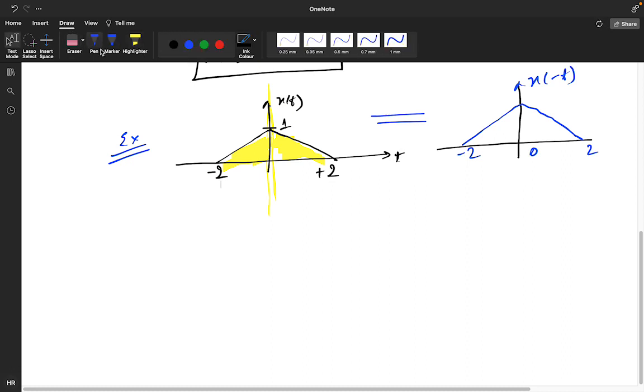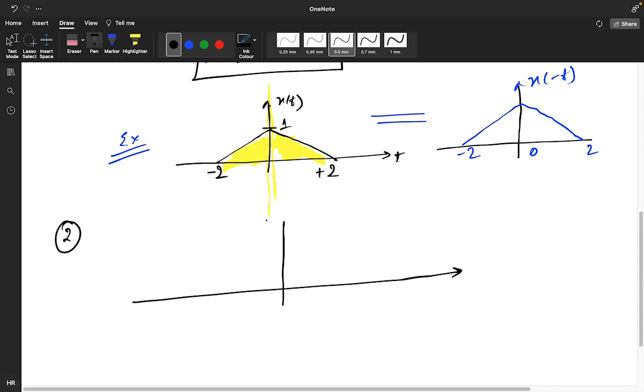Now the second example. This is your x of t. I'm giving you one signal like this.